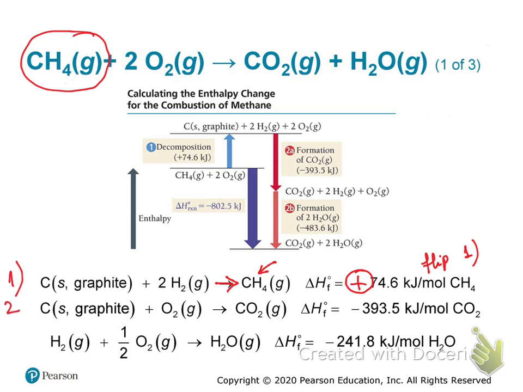When I look at equation number 2, I notice two things. I notice that equation number 2 contains oxygen, and the oxygen is already in the correct placement. But I need 2 moles of oxygen, and I only have 1 on the bottom. So I'm going to keep that information and see if I need to do something later.